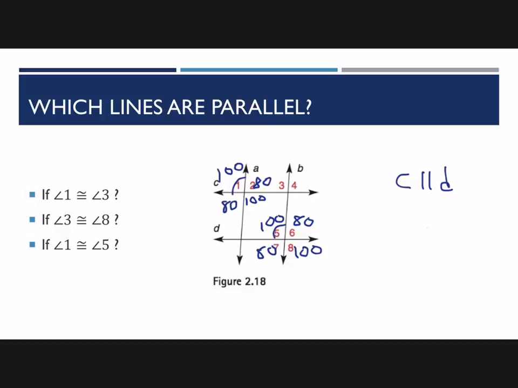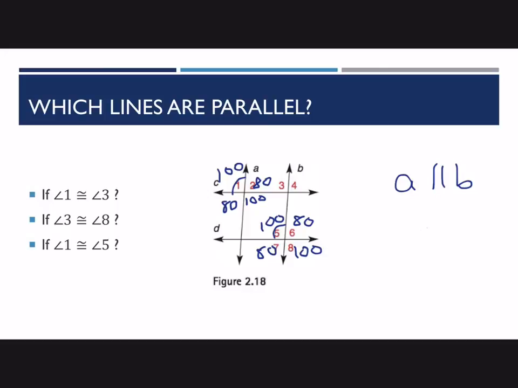What if we try to show that A and B are parallel, and maybe C or D is the transversal? Well, same problem, 1 and 5 are not both on C or both on D. So we can't go about it that way.